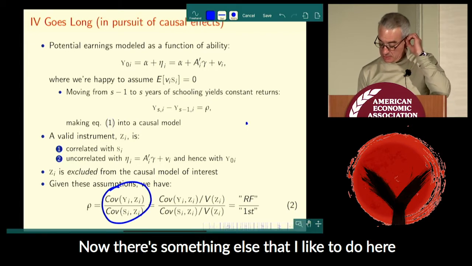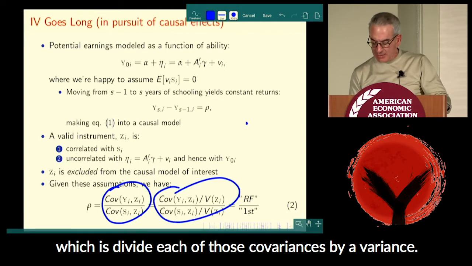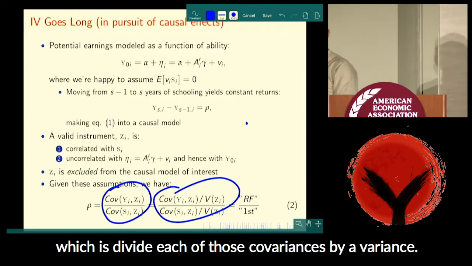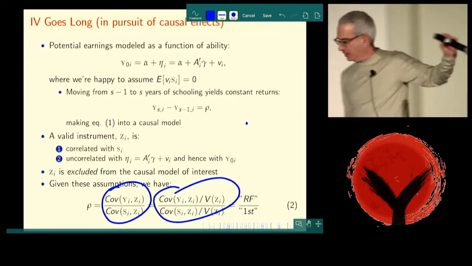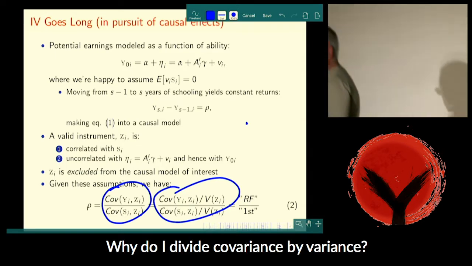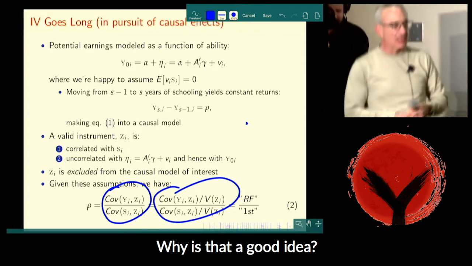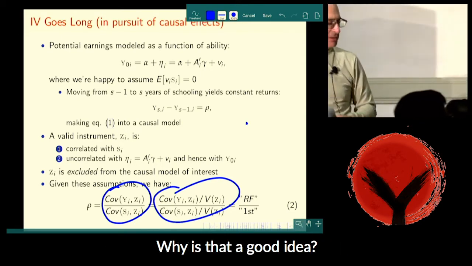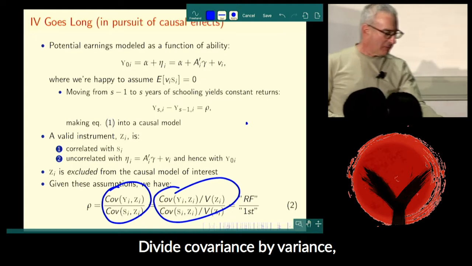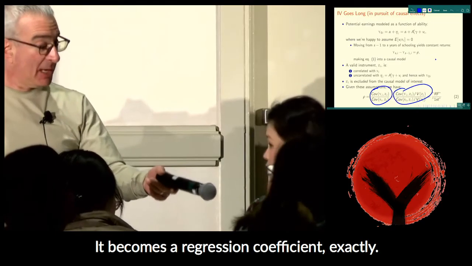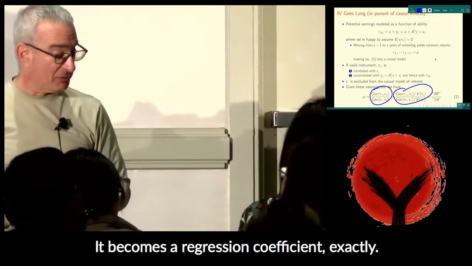Now, there's something else that I like to do here, which is divide each of those covariances by a variance. Why do I divide covariance by variance? Why is that a good idea? What do I get out of that? The coefficient. It becomes a regression coefficient, exactly.